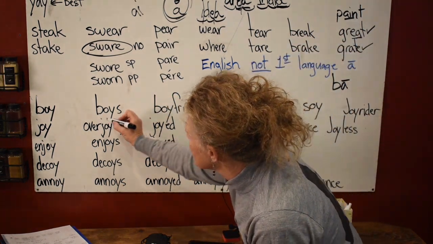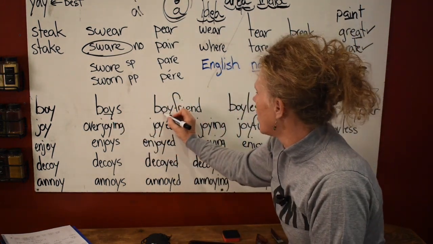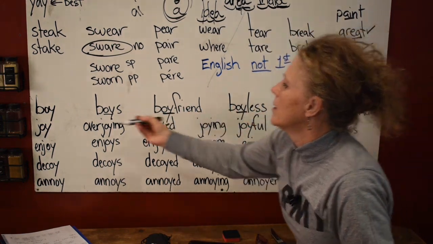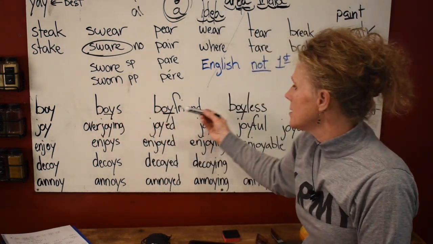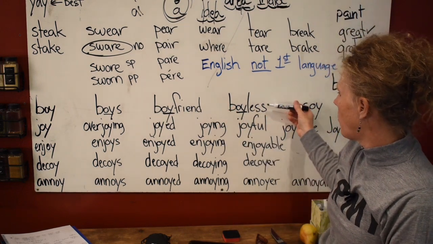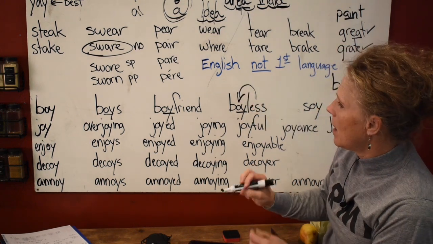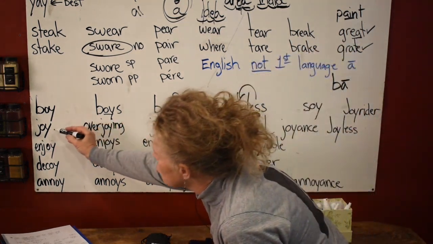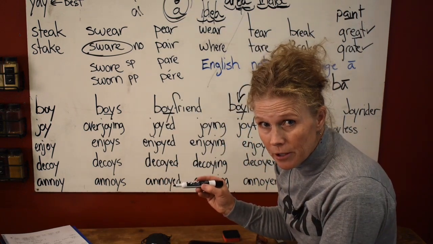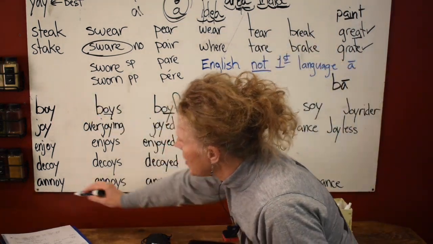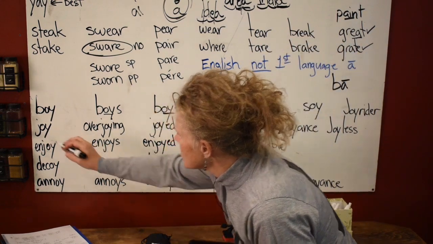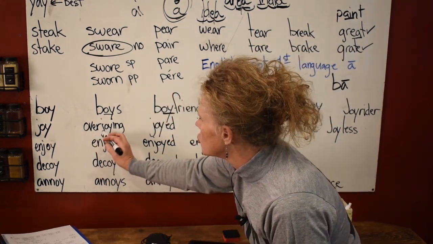See how we have a suffix. OY says oi. Boy, boys, boyfriend, boyless. Means without boys. Okay, so now look, joy. There is your base word. I'm going to put all the base words over here. There's your base word, joy, over joying.